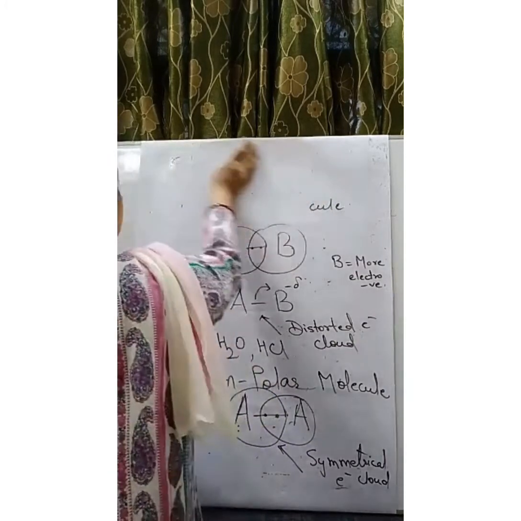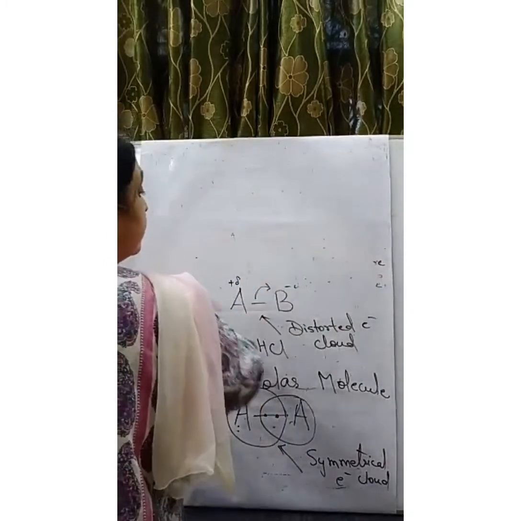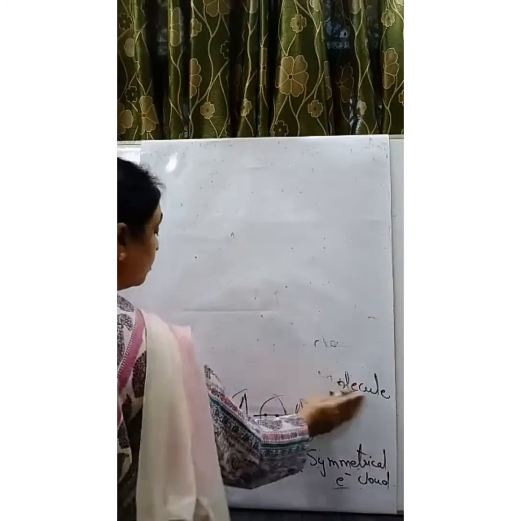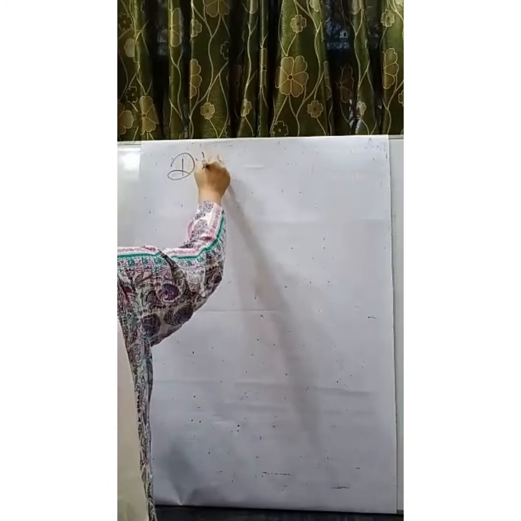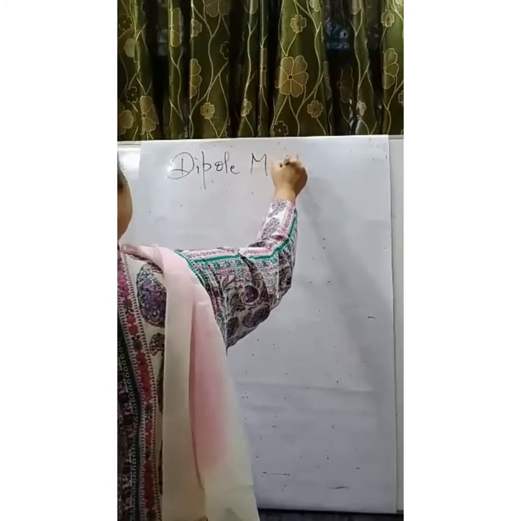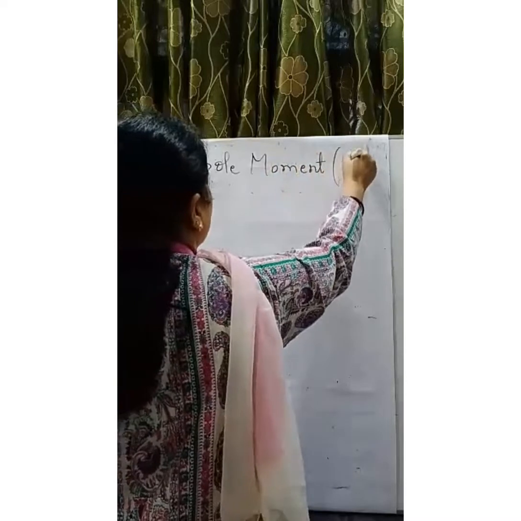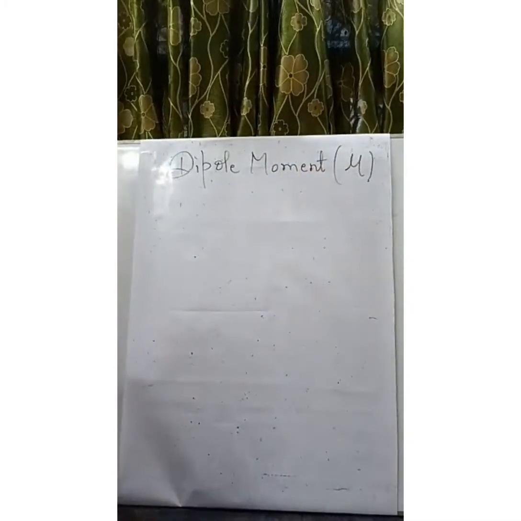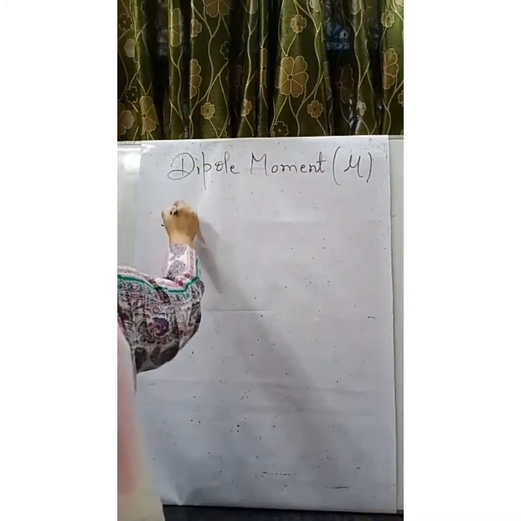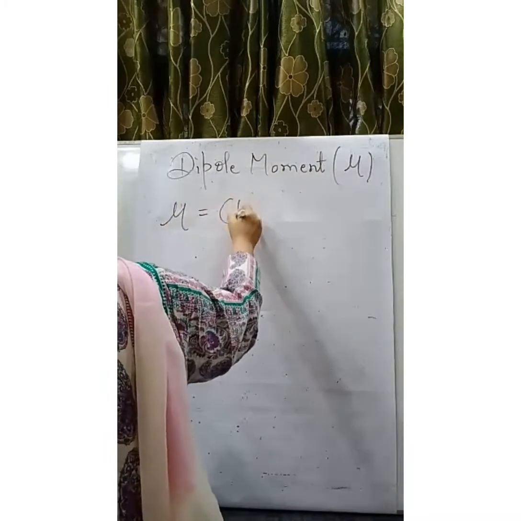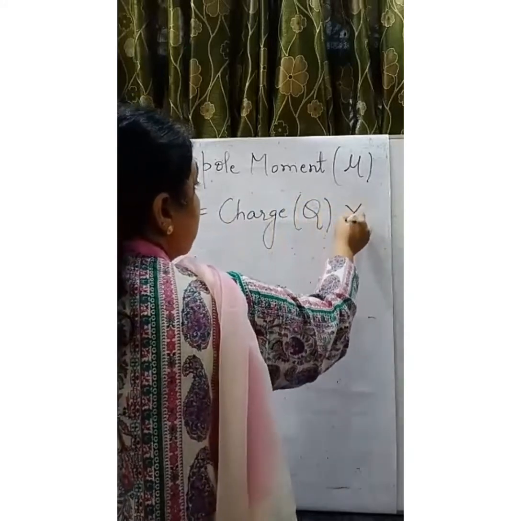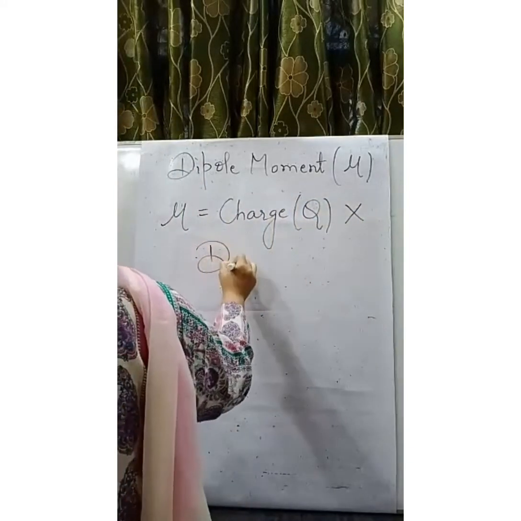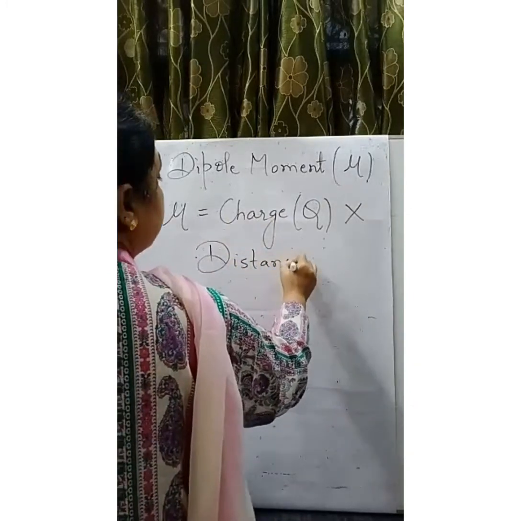Now let us move on to the next bond parameter, that is dipole moment. Dipole moment is denoted by mu. Dipole moment mu is defined as the charge on either atom multiplied by the distance of separation between them.